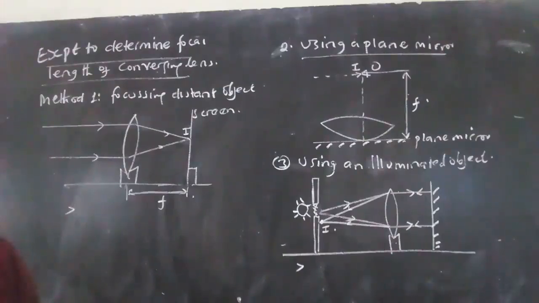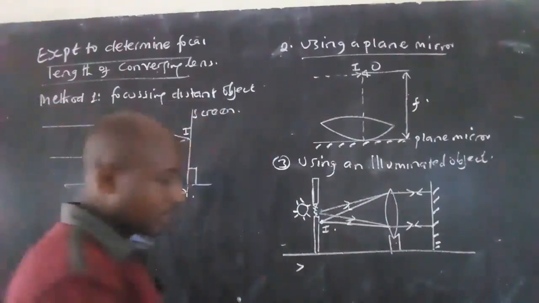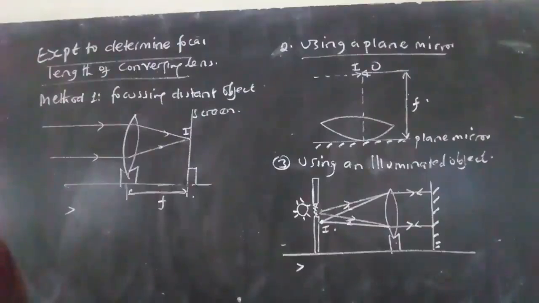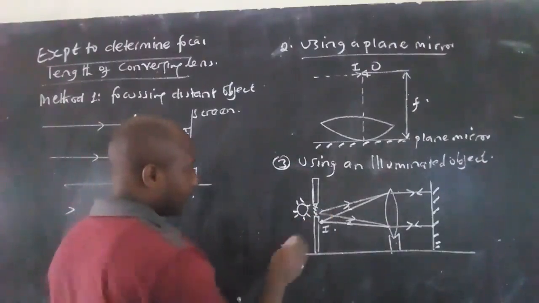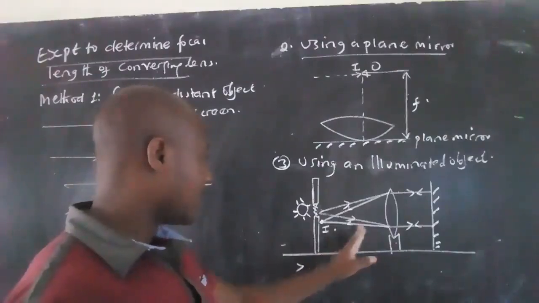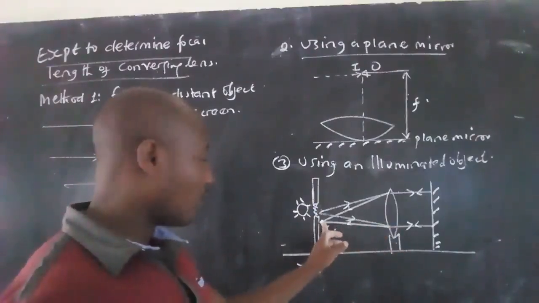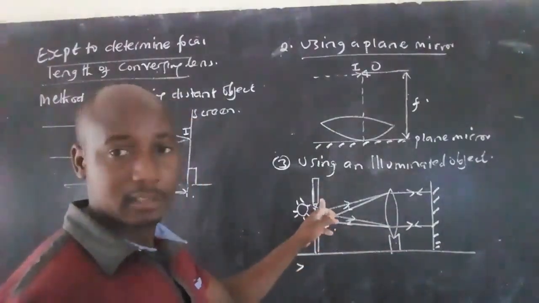Then the lens is moved to and fro until a sharp image of the cross wires is formed on the screen beside the cross wires.